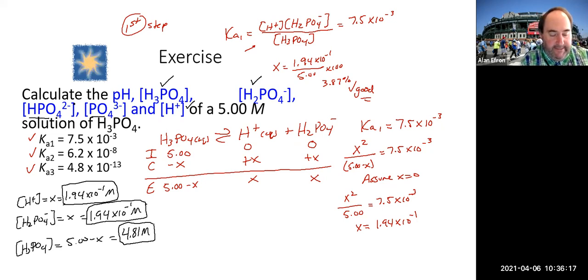So let us continue on and see how we get to those and what's happening. The next thing that's going to happen is that H2PO4 minus will then lose its second H plus and get us HPO4 2 minus here.